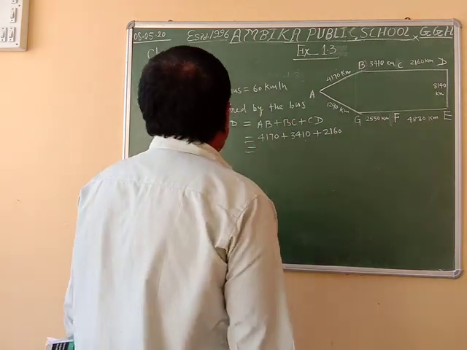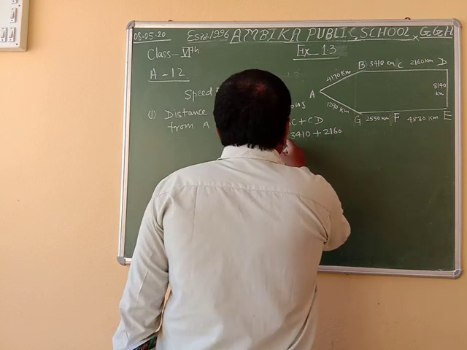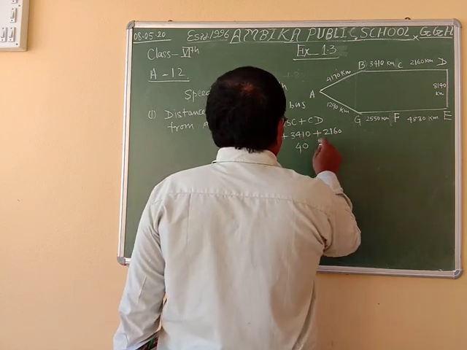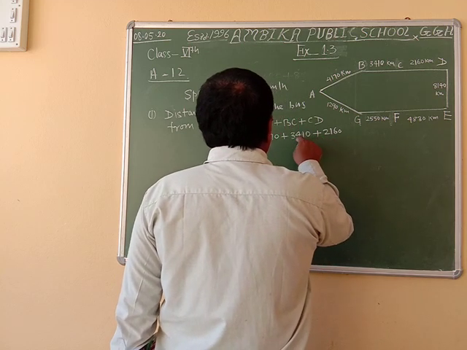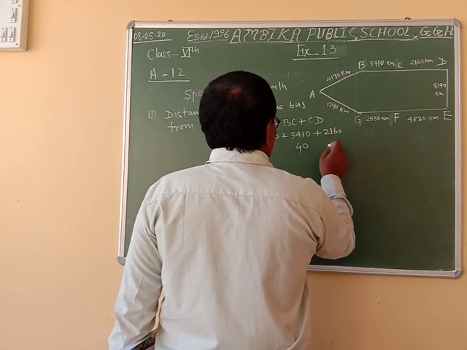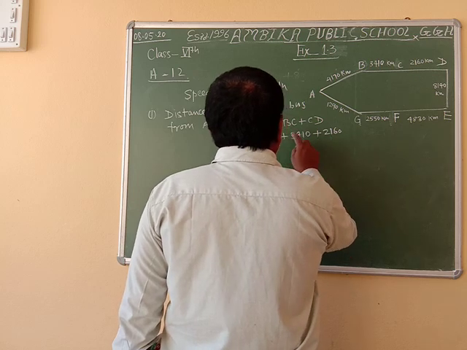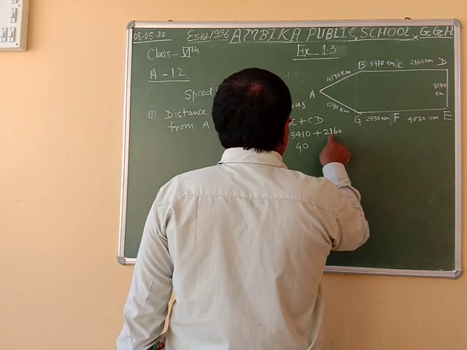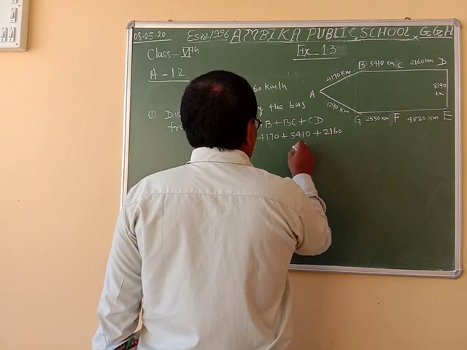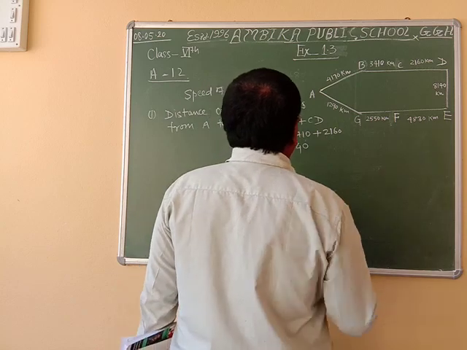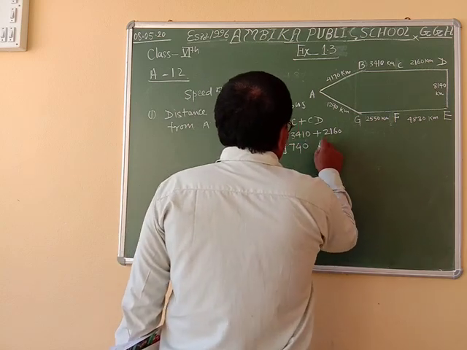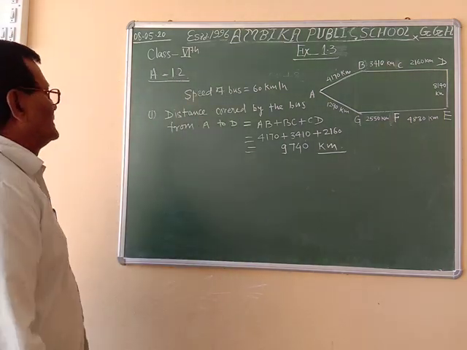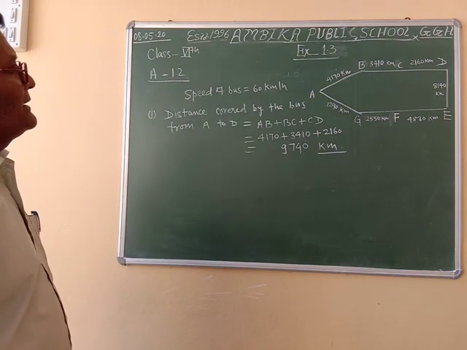Adding all the distances, we get the total distance covered by the bus to travel from A to D point.